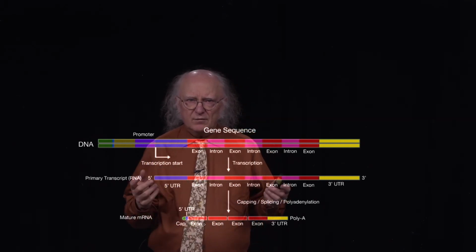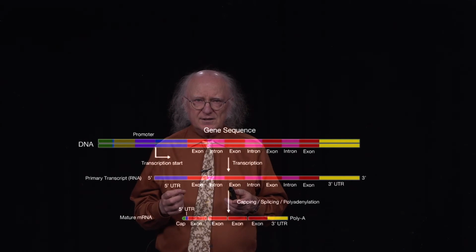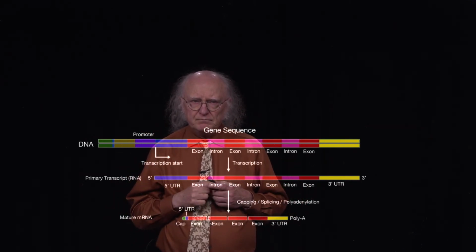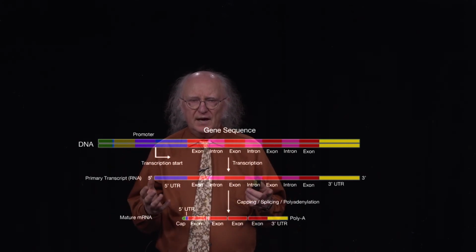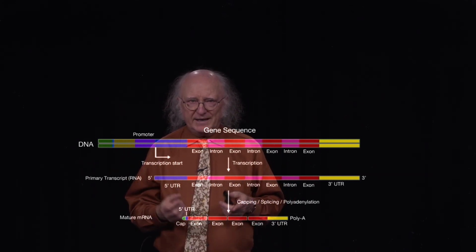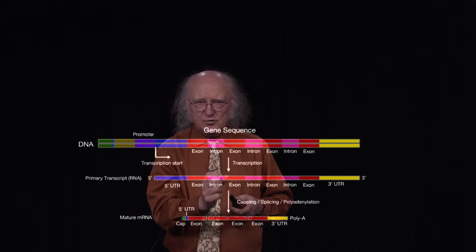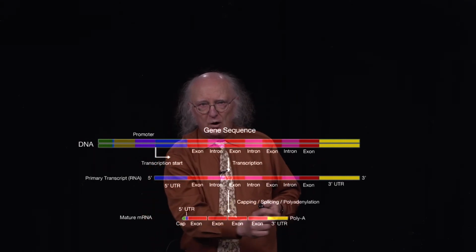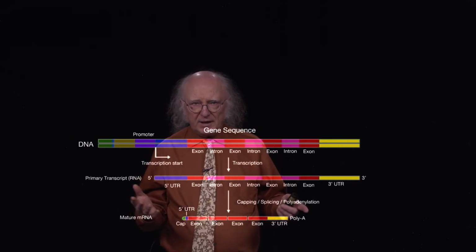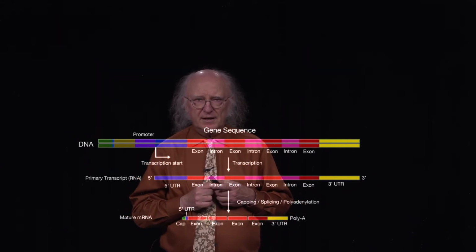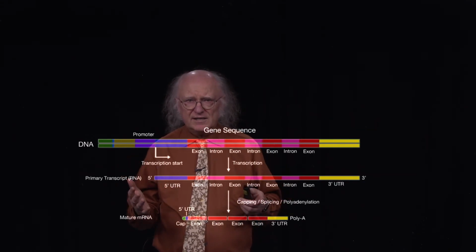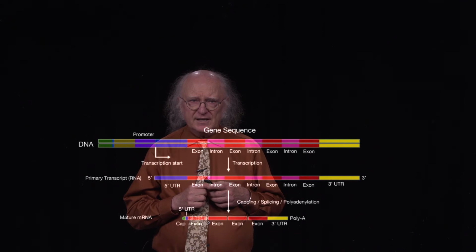That tells us that introns are sequences within a messenger RNA that are removed, and they're removed in a process we call splicing. Splicing is a process that removes introns and joins exons to make what we call a mature messenger RNA. I'll say a word about that in just a minute, but the splicing process occurs in eukaryotic cells, not in prokaryotic cells.